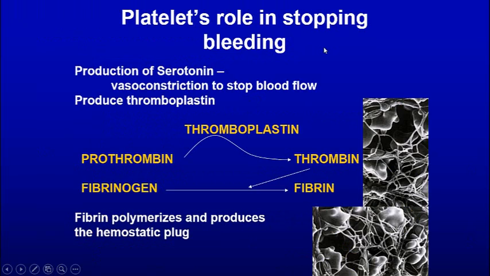Now, platelets have a role in stopping the bleeding, is what they do. They produce serotonin, and serotonin itself is a vasoconstrictor. They also produce thromboplastin. And so here's prothrombin; thromboplastin from them will make thrombin. Thrombin makes fibrinogen into fibrin. And the fibrin is what polymerizes and produces the plug.